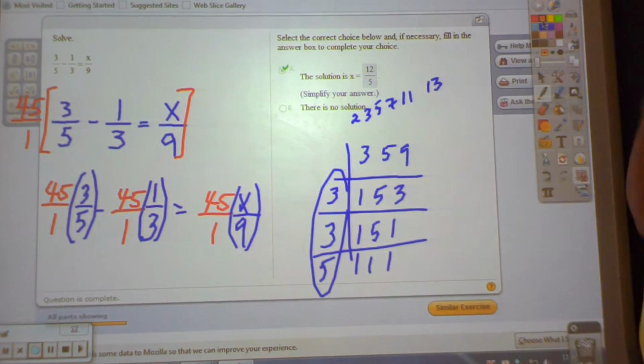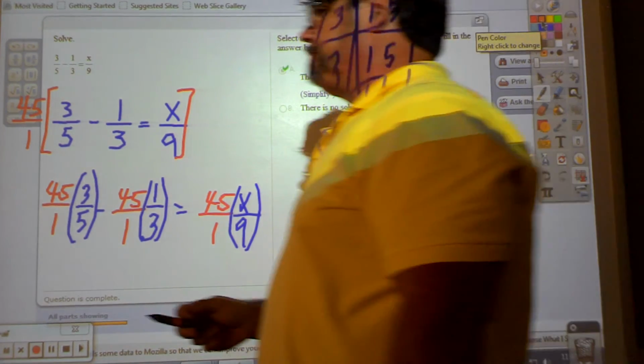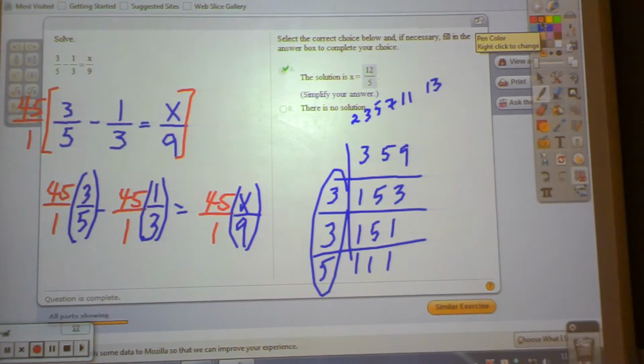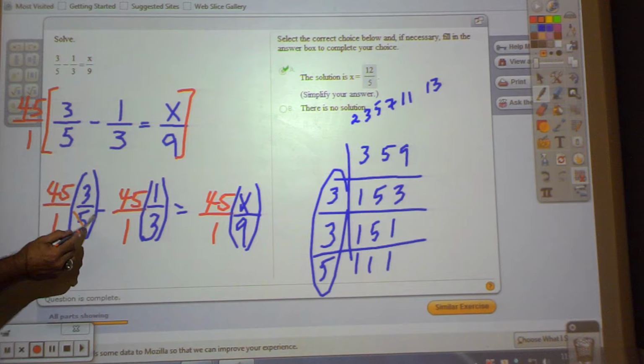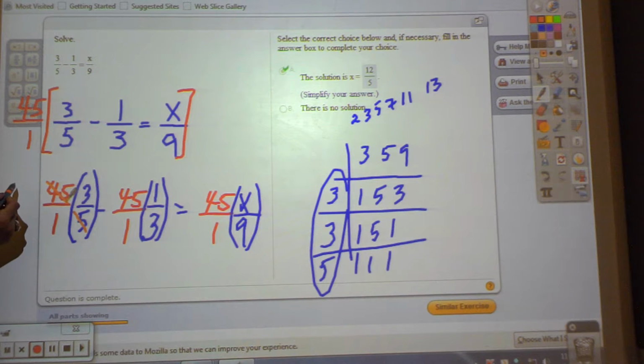And what happens to the first one? 5 will go into 45 how many times? And what's 9 times 3? 27.